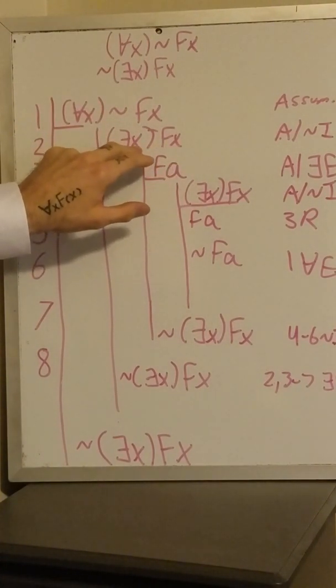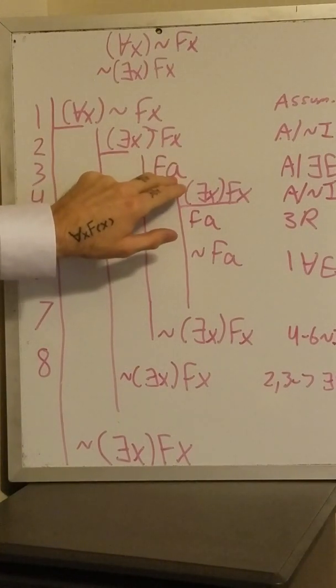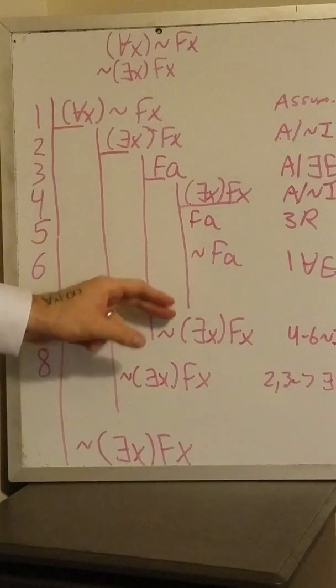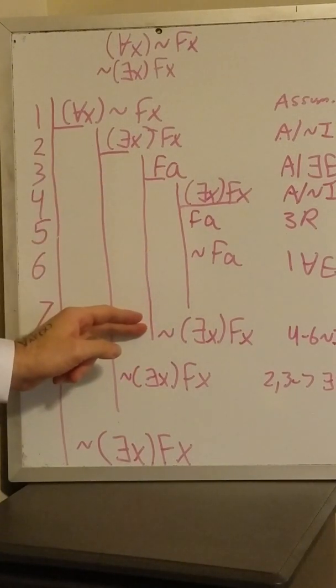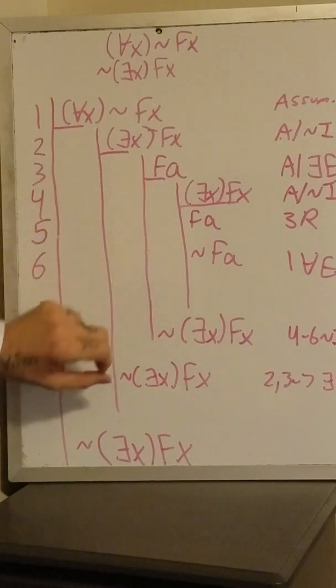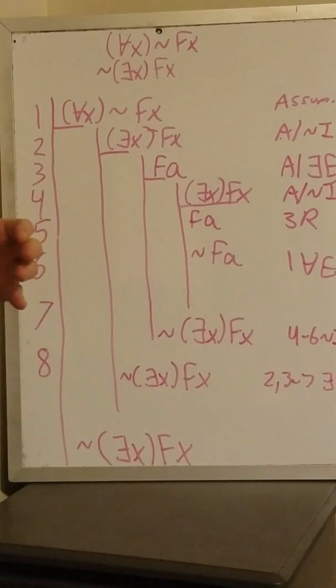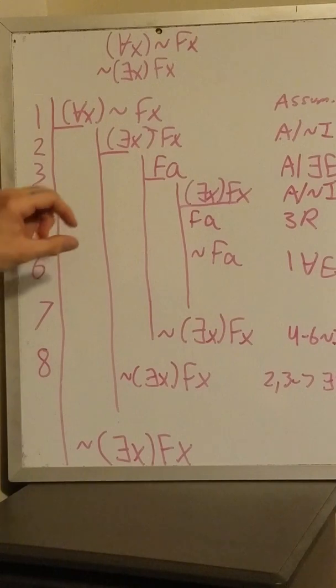We took the quantifier off and replaced the variable with a constant. All right, and we were able to derive this inside of the subderivation. So now we can close this off and get this out, right? Because we met all the restrictions on using existential elimination.